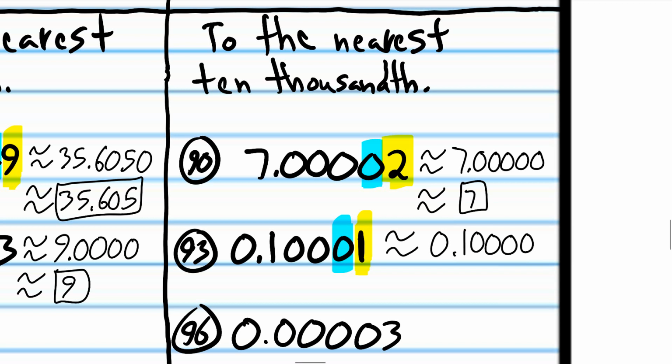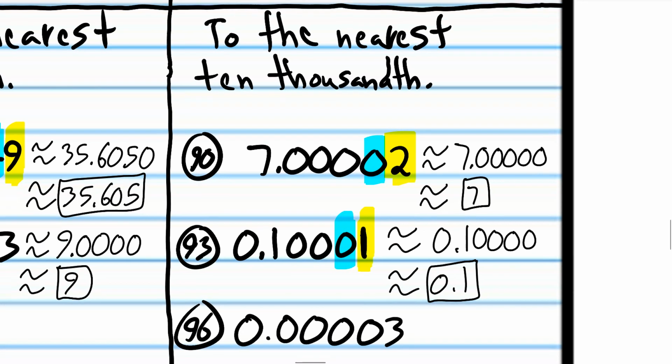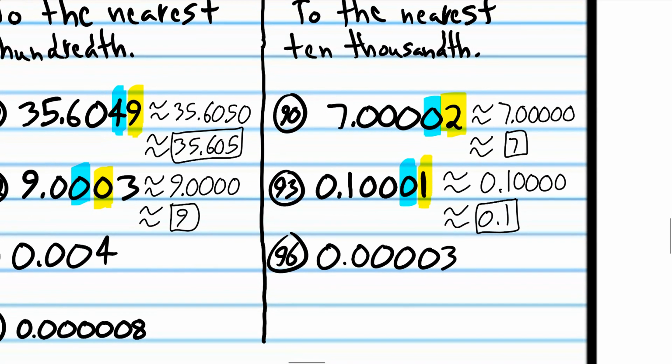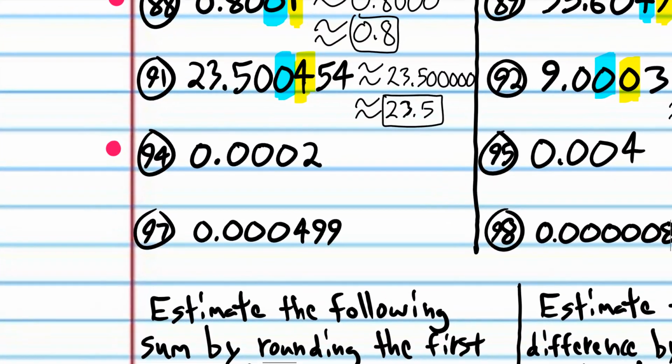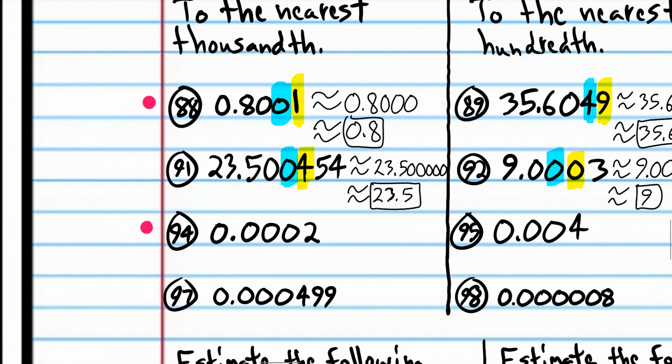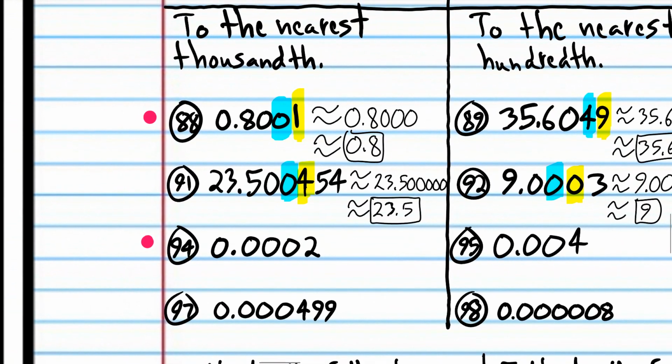But these are all ending zeros, as you can see, so we can just get rid of those. And we write 0.1. And remember, we keep this 0 just so the decimal doesn't look like a speck of dirt. All right, let's do 94 together. We're going to round to the nearest thousandth.